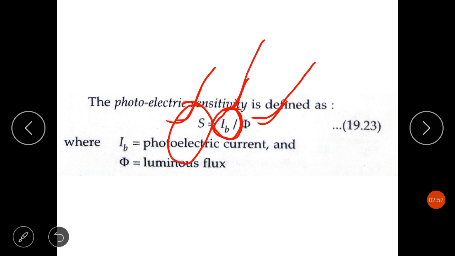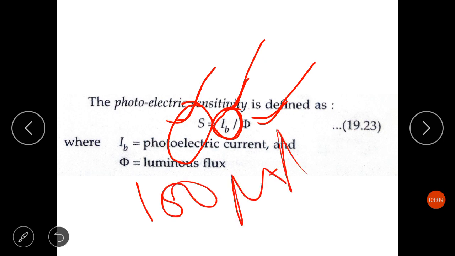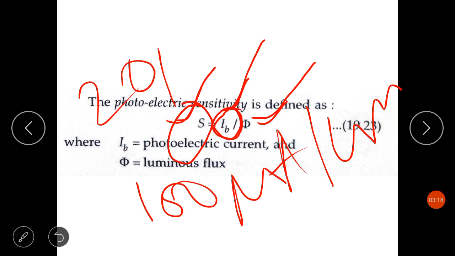The sensitivity of the vacuum type photoemissive cell that I discussed in my previous lecture is 100 microampere per lumen, whereas the sensitivity in the photomultiplier tube reaches up to 20 ampere per lumen.